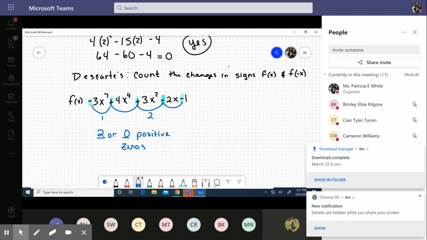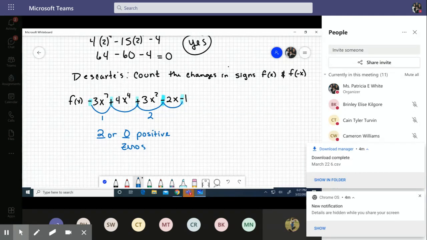Now, this part right here, you're going to skip one. Like if you count this whole thing out and you count 7 changes, you're not going to say 7, 6, 5, 4. You're going to skip one. You're going to say 7, 5, 3, 1.